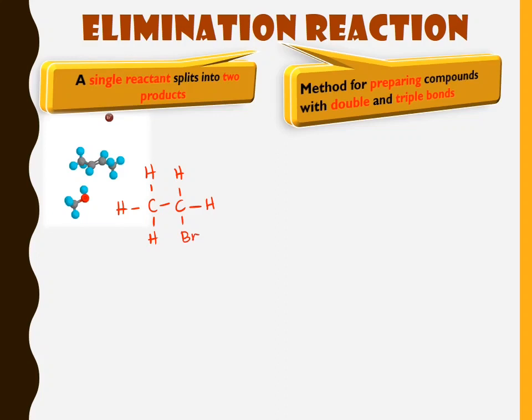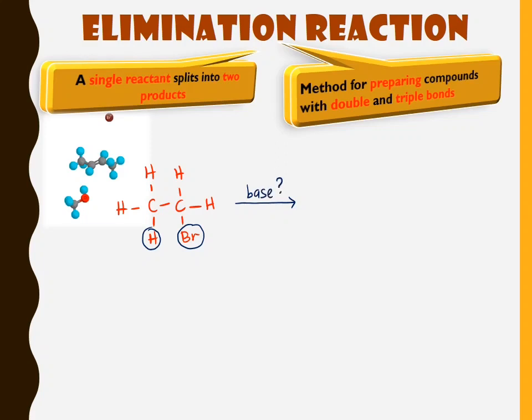Okay, so what happened here? HBr will be removed from this compound, one hydrogen and one Br. Just now in addition reaction we added HBr to the double bond, right? But now we are going to remove this hydrogen and bromine. So it will form like this. For this reaction we need base. What base?